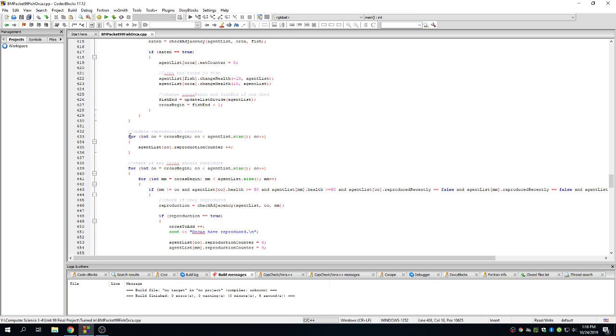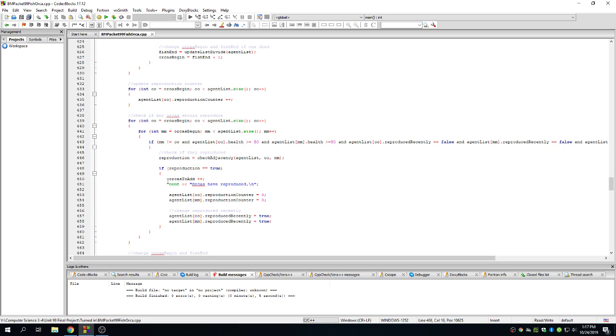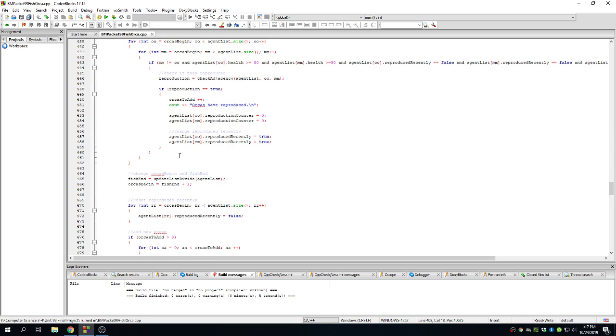So then reproduction for orcas. Orcas could reproduce if they were next to each other, and if they hadn't reproduced in 50 frames, and their health also had to be above 50. So there were a lot of things that would prevent orcas from reproducing. And then overall, we'd see how many orcas we'd have to add, and then we'd add them next frame, putting them in random places around the board.